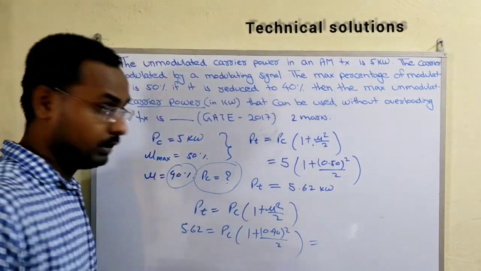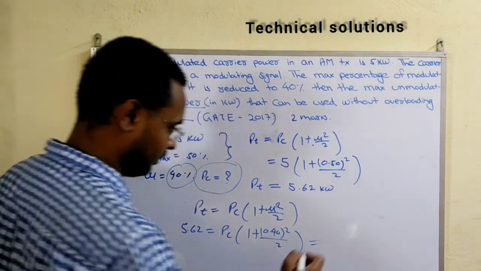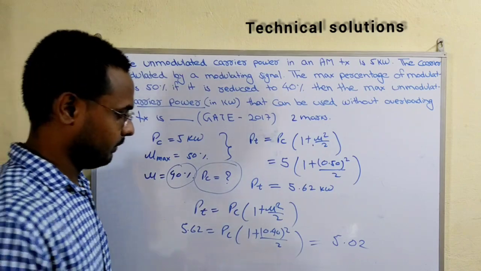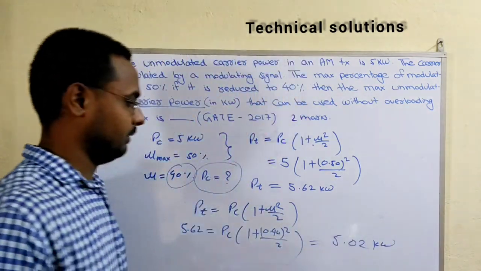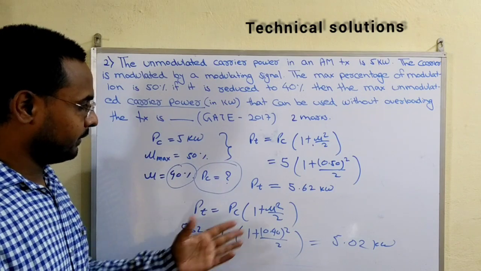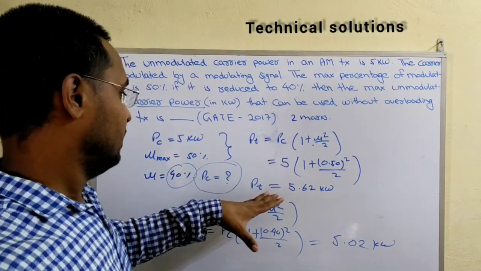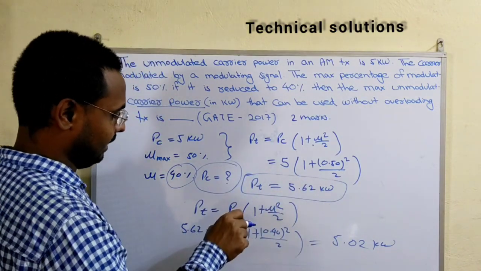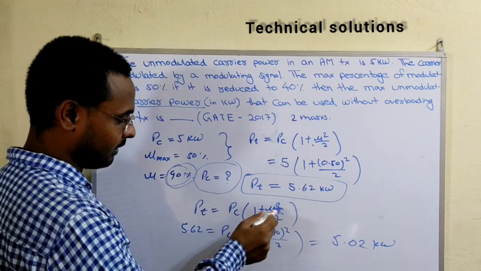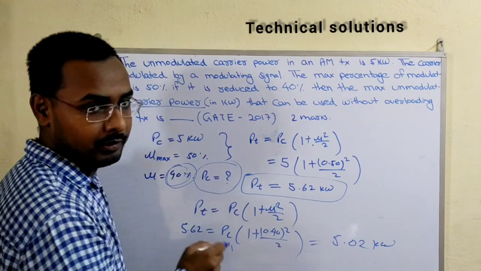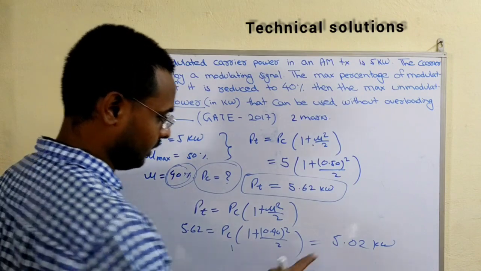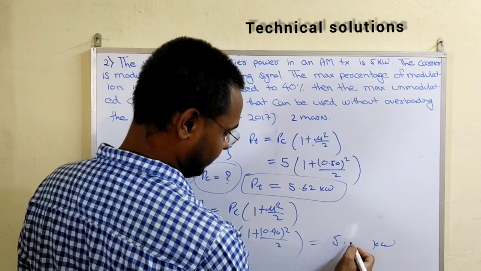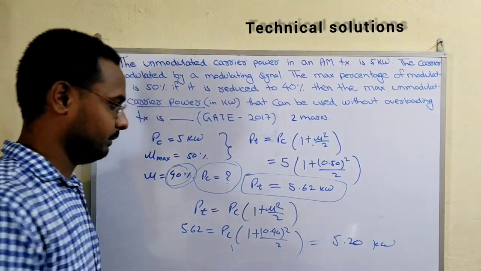And after solving this equation, you will find 5.02 approx kilowatt. So use this formula 2 times. The first time you have to find PT, and the second time you put the value of mu as 40% and find the value of PC. One correction: it is 5.02, not 5.20 kilowatt. Fine.